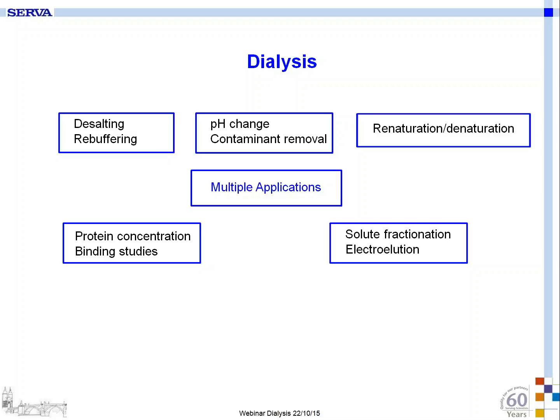Or you can use it for binding studies or for fractionation of different sizes of proteins or nucleic acids or other macromolecules, and for more specialized versions like electroelution. In this case, you extract nucleic acid fragments or proteins from a gel matrix like polyacrylamide gels or agarose gels, and in one easy step you can purify your proteins or nucleic acids to a high degree.